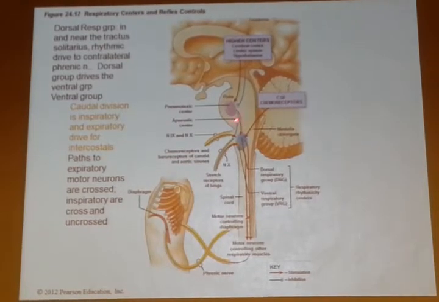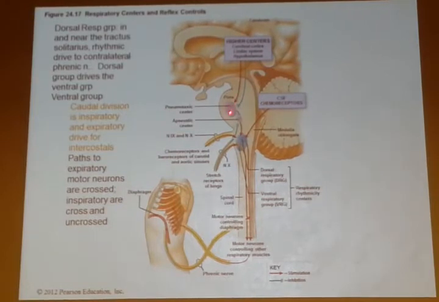How do you decrease the excitation? By exciting your pneumotaxic center. Remember, it is inhibitory. So if you inhibit it, then there's less inhibition here, which means there's more excitation there, and in the respiratory rhythmicity center, and your respiratory rate will go up.